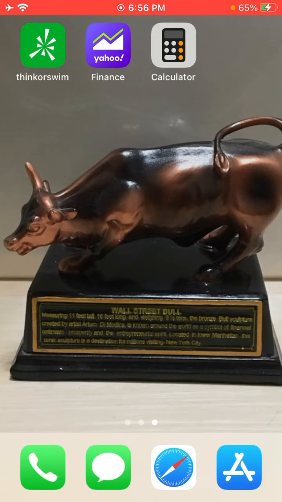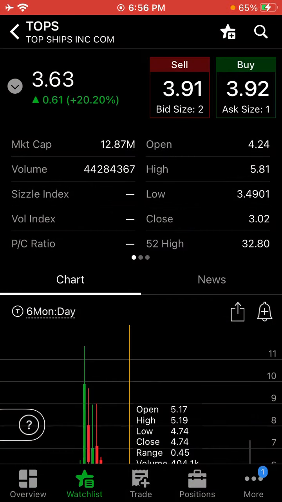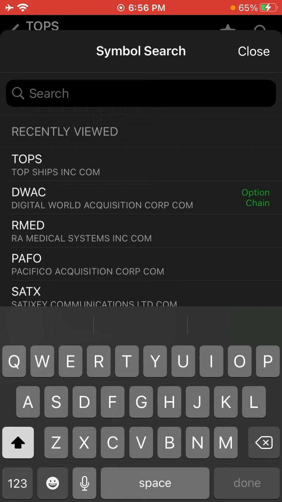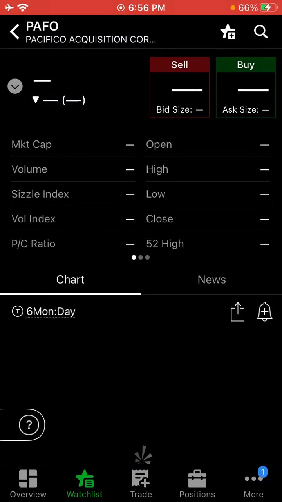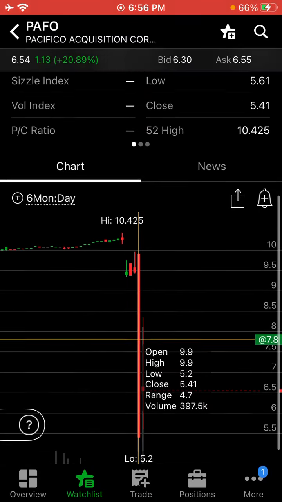Okay, and then we said that the float should not exceed the market cap if you multiply it by the current price. So I just want to show you in this case that it doesn't.